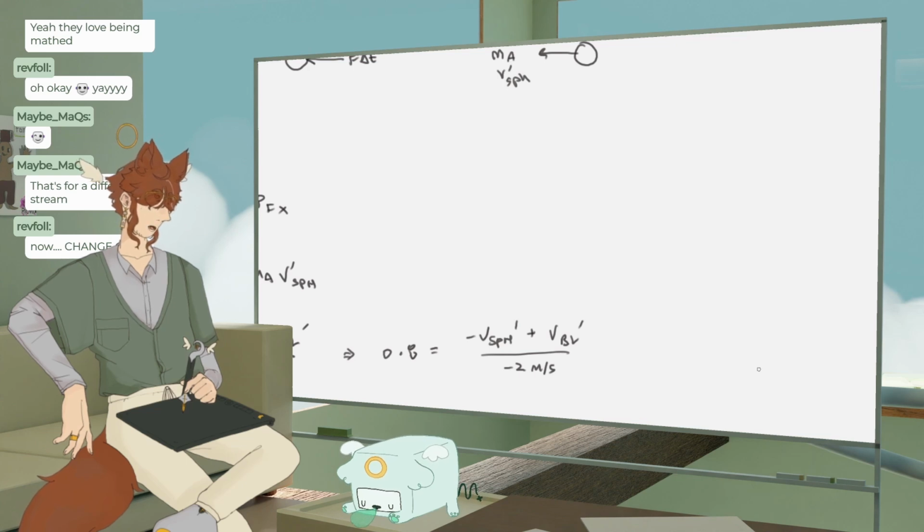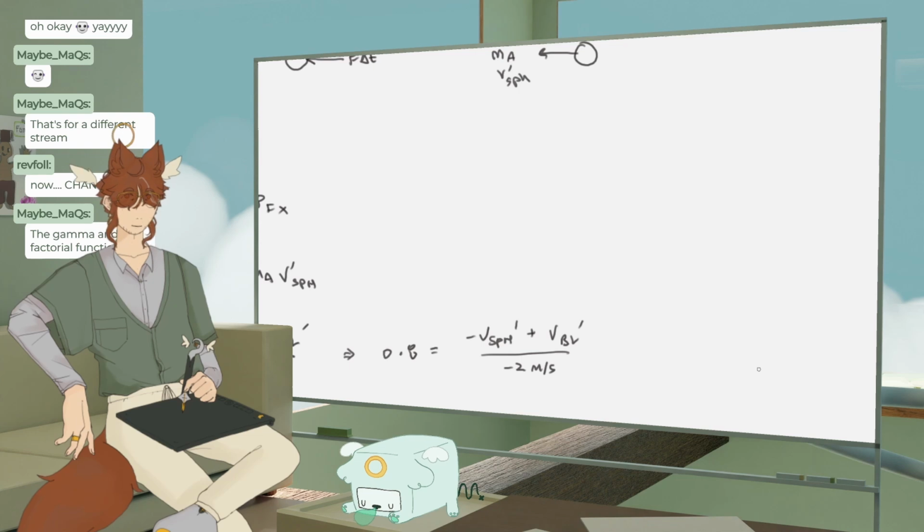For example, if you wanted me to do uniform circular motion and constant acceleration, I can't uphold that. That's not possible. I cannot draw those two making out.